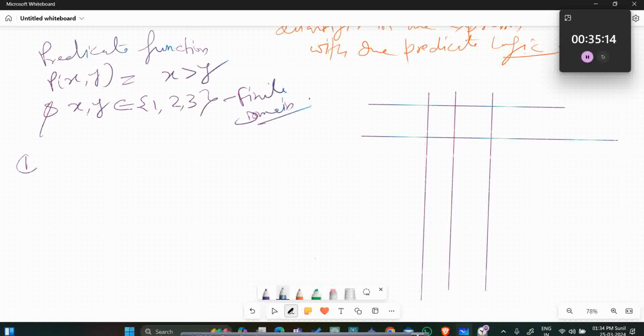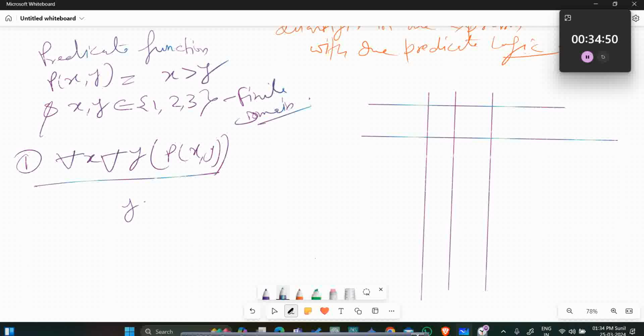First will be: for all x, for all y, is p(x, y) true? Is this statement true or false? We can say x should be greater than y always, for all x and y. But this is not so.